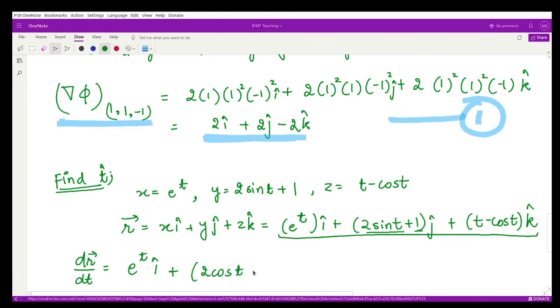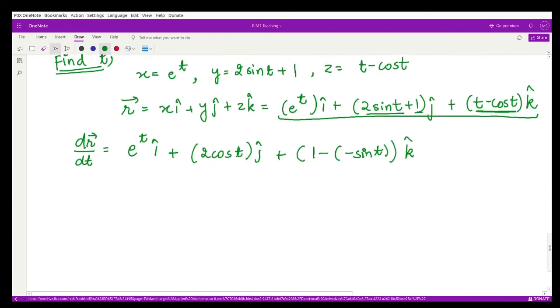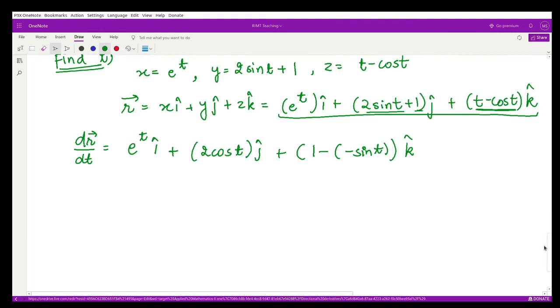Plus 1, its derivative becomes 0. So we have 2 cos t j cap. And then the derivative of t minus cos t is 1 minus, and the derivative of cos is minus sine t, right? k cap. So this is the tangent obtained at any point of the given curve. So I can write this to be e to the power t i cap plus 2 cos t j cap and then plus 1 plus sine t k cap.